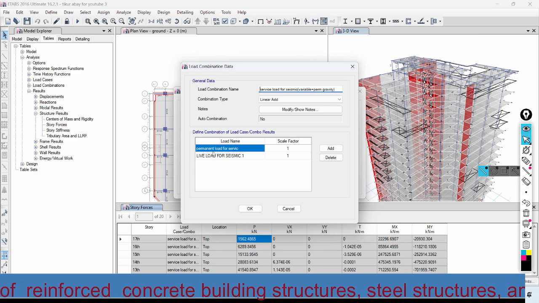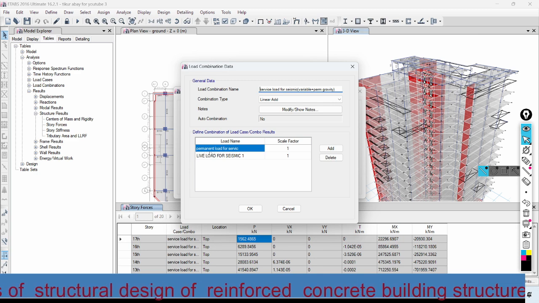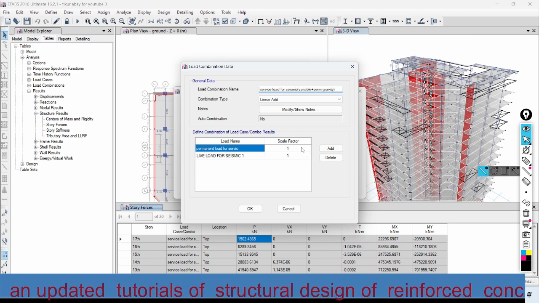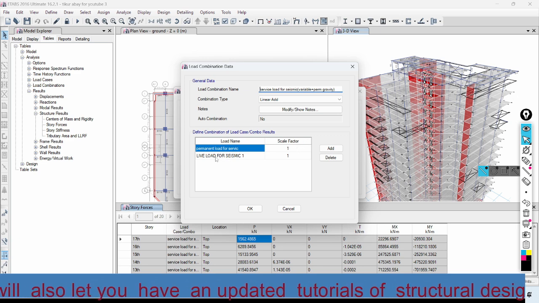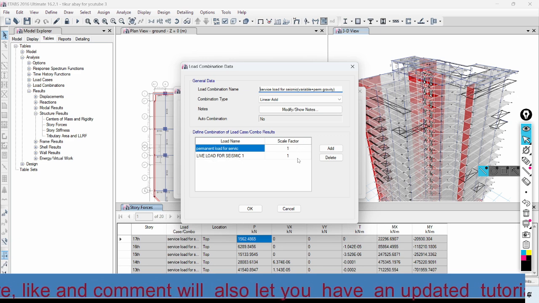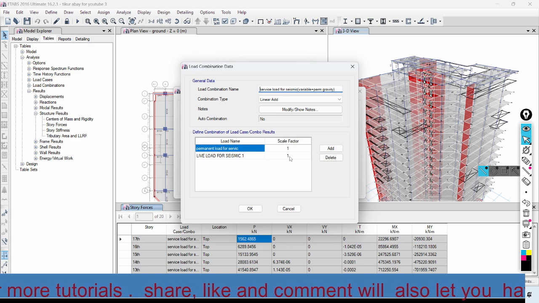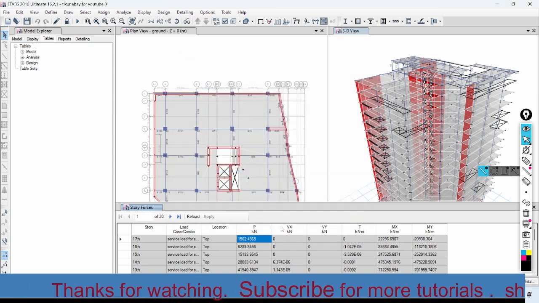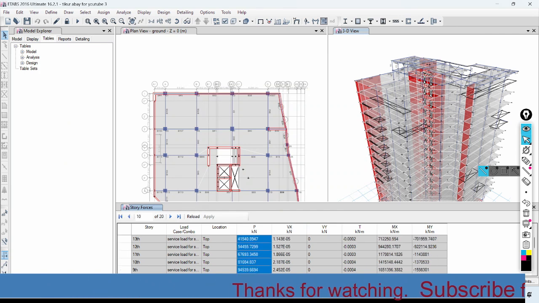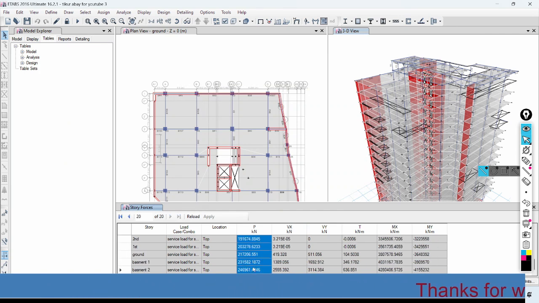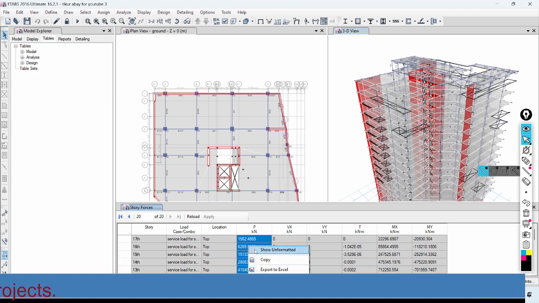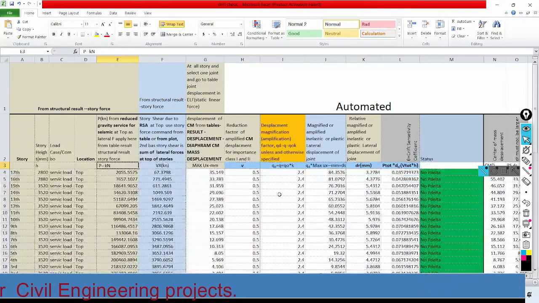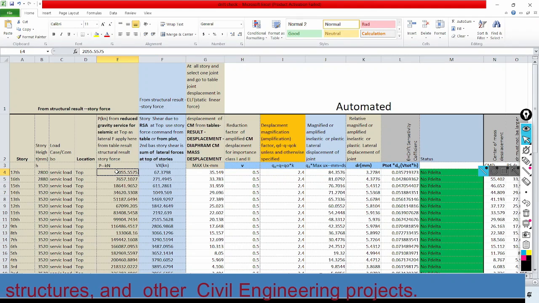That is the permanent load for service having a factor of 1, and the live load for seismic having a factor of 1. Okay, this is good. So I have to copy this result, and I need to paste it.